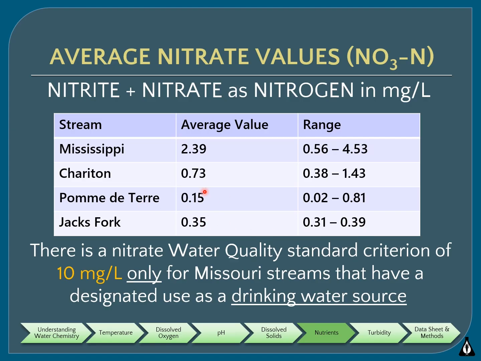So that's a good summary and understanding of nitrate in different streams in Missouri. For Missouri in general, we do not have water quality criteria for streams except for streams that are a drinking water source, and that is 10 milligrams per liter.